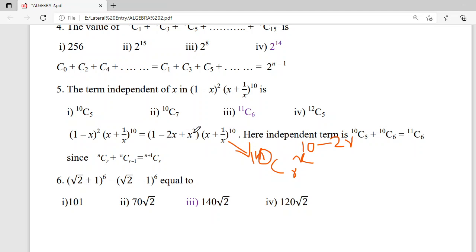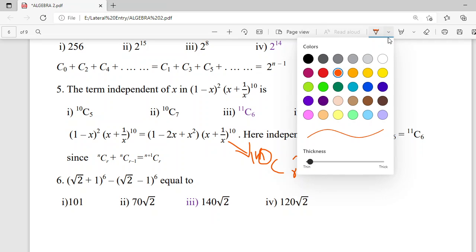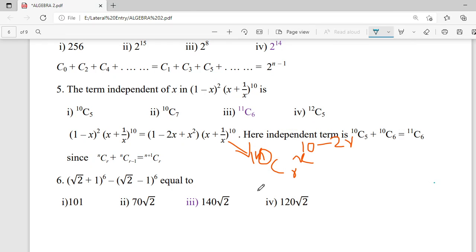But we have to multiply this one. So we multiply 1 into this one, plus minus twice x into this term.